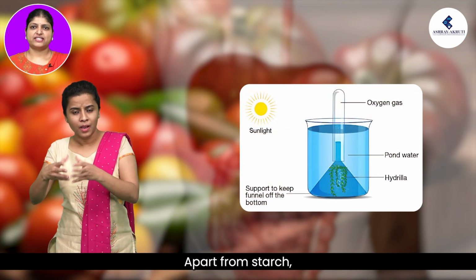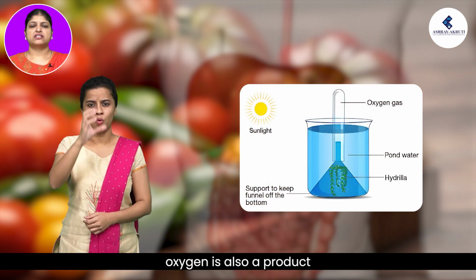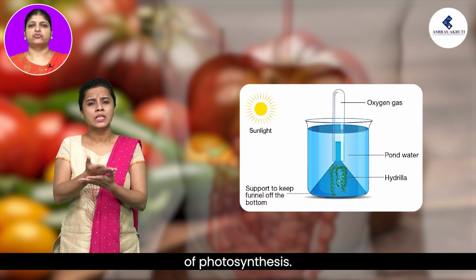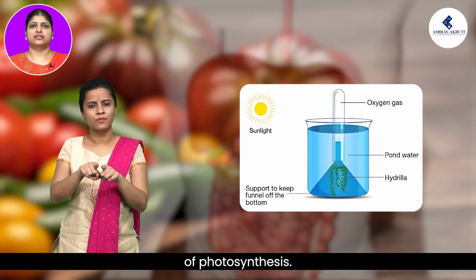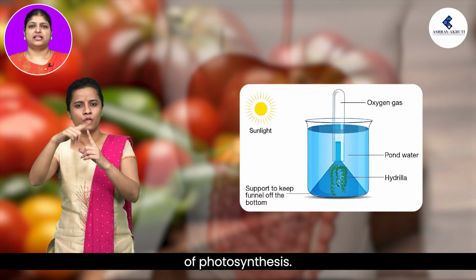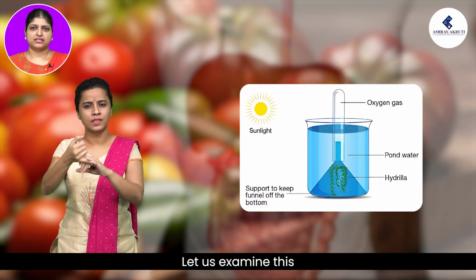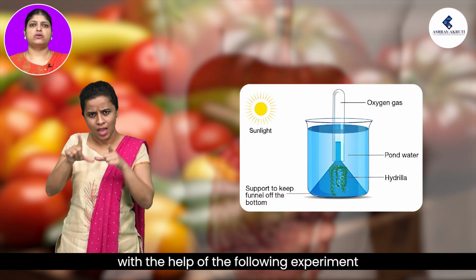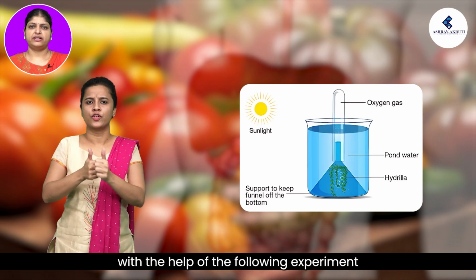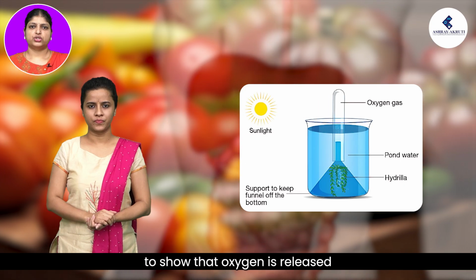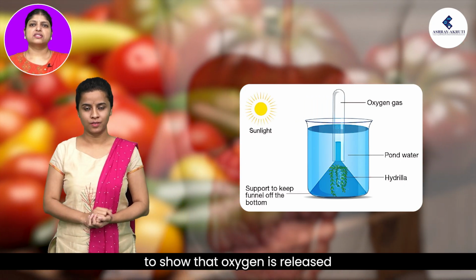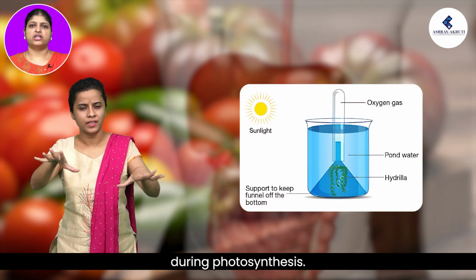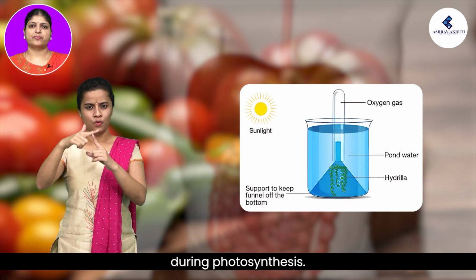Apart from starch, oxygen is also a product of photosynthesis. Let us examine this with the help of the following experiment to show that oxygen is released during photosynthesis.